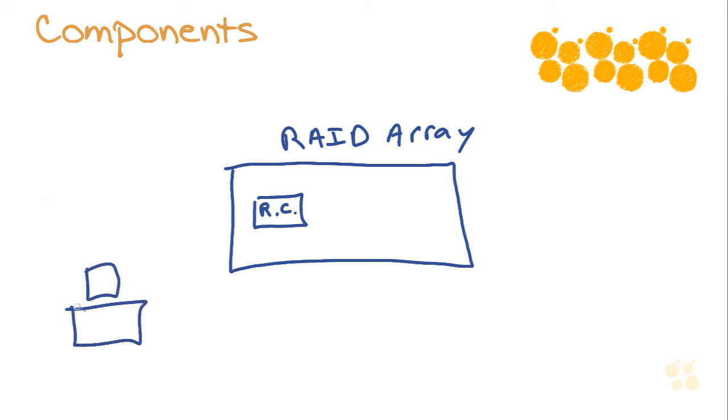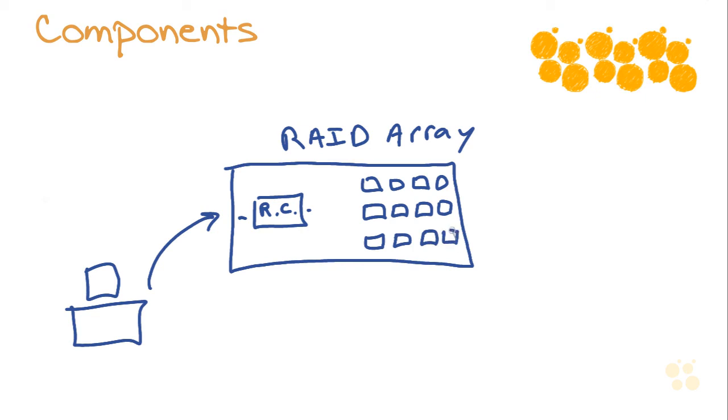So we have a host out here, and that host is going to connect over the network to the RAID array. They're going to hit the RAID controller, and then let's say there is, let's do 12 disks inside this puppy. Puppy being the official term. Okay, so 4 times 3, that's 12.